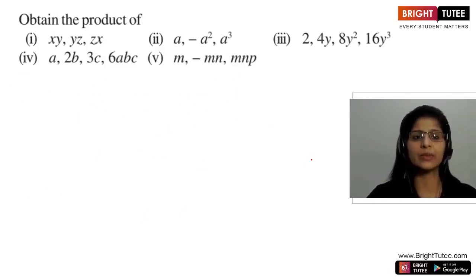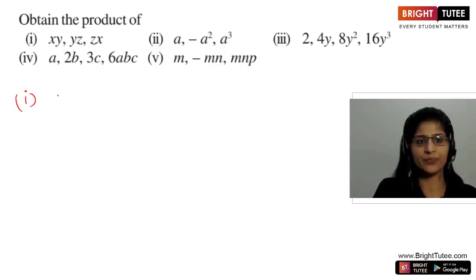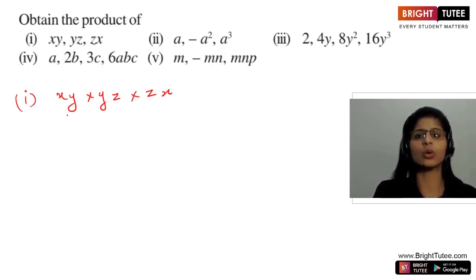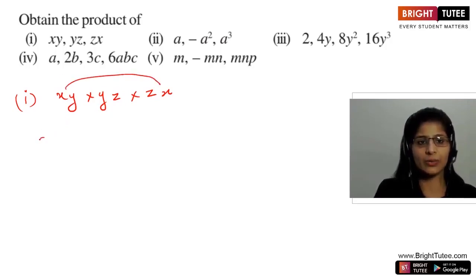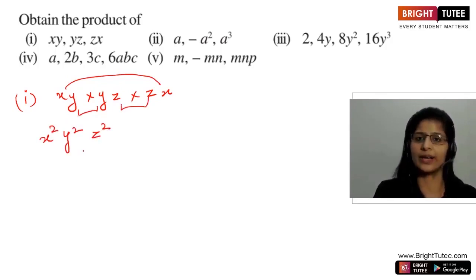We have to obtain the product of xy, yz and zx. So just see carefully: xy, yz and zx. Collect all the x together, all the y's together and all the z together. x and x will form x square, y and y forms y square and z forms z square.